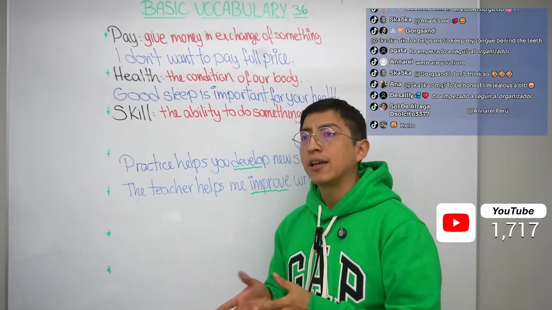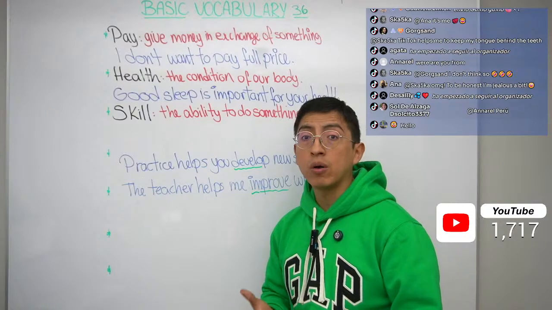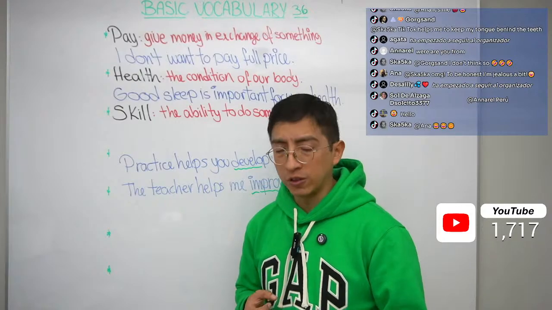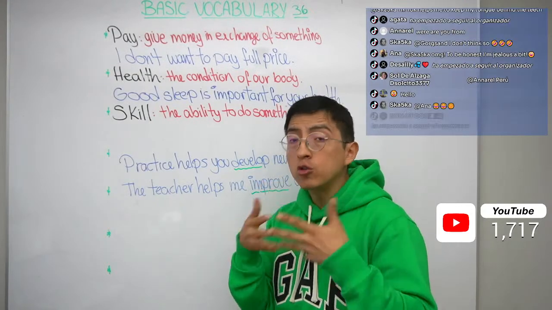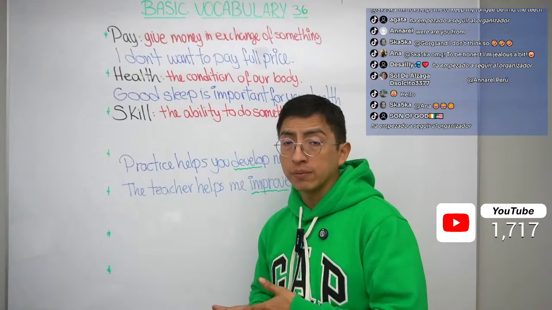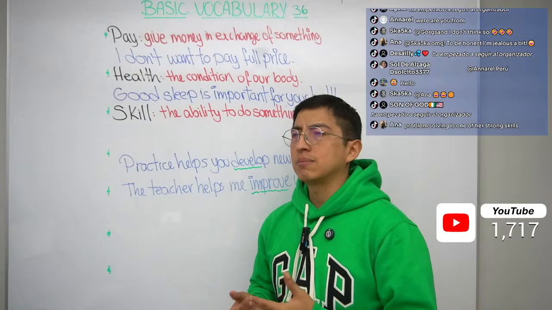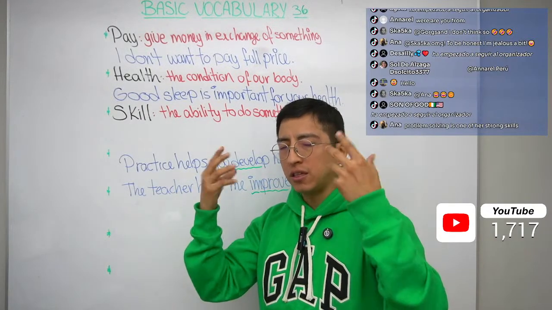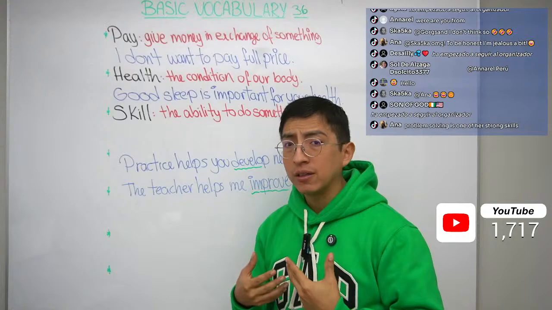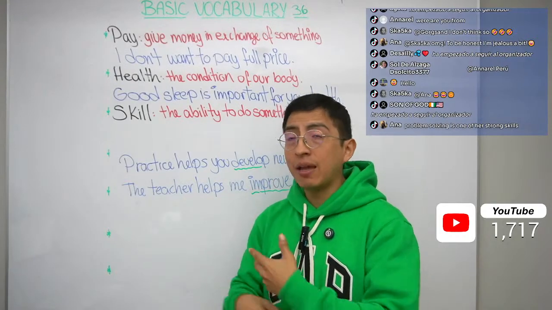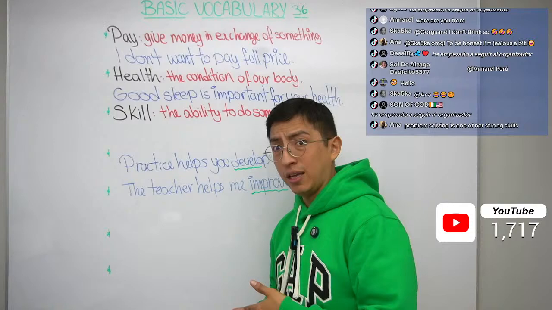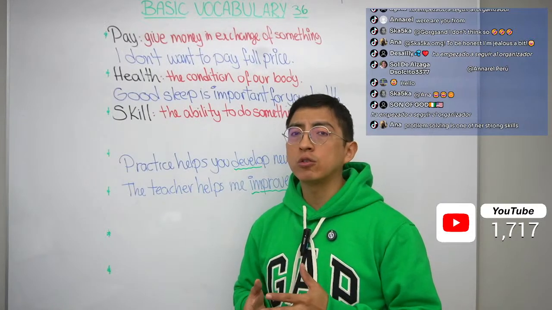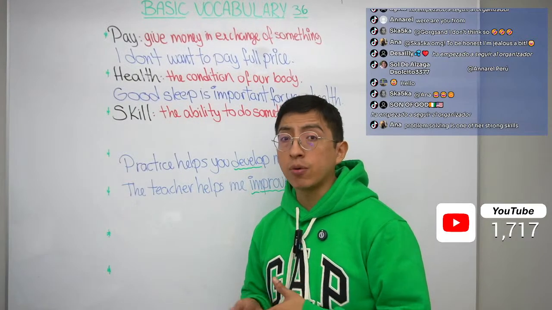And English is an active skill. What does it mean? That you need to use it, okay? You need to produce if you want to learn, okay? If you are a passive student, if you just receive and receive and receive and never produce, then English is going to be more complicated, or you're not going to make enough progress.